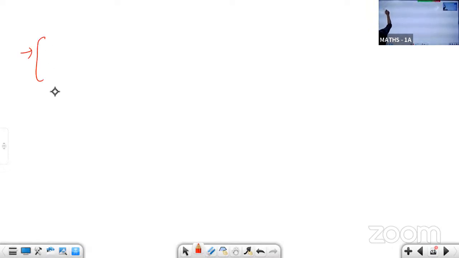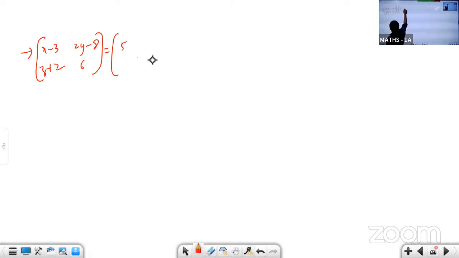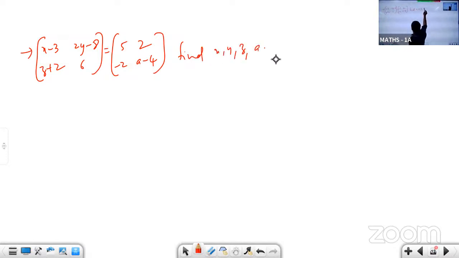If x -3, 2y -8, z plus 2, 6, is equal to 5, 2, -2, a -4, then find x, y, z and a values. Start equating.